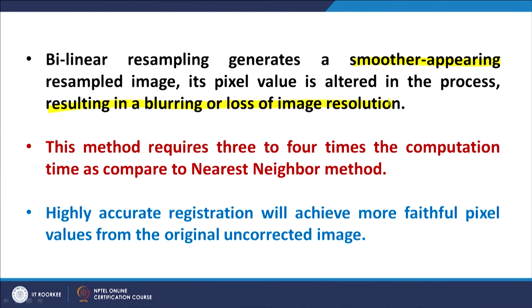Though highly accurate registration will achieve more faithful pixel values from the original uncorrected image. So if the registration is good, you have collected good quality GCPs, and multiple GCPs more than required, then you may get a better output through the bilinear resampling technique.